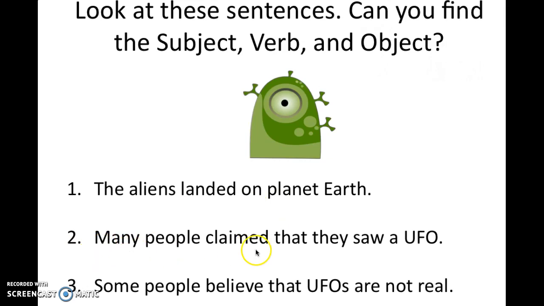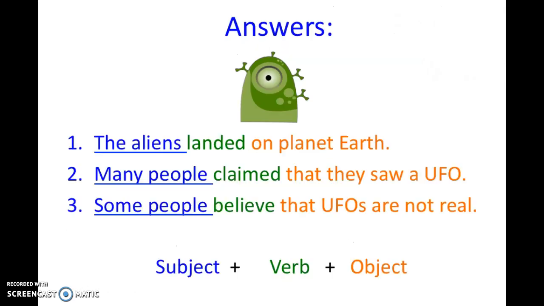Many people claimed that they saw a UFO. What's the subject? What's the verb? And what's the object? The third sentence: some people believe that UFOs are not real. Look for the subject, the verb, and the object.